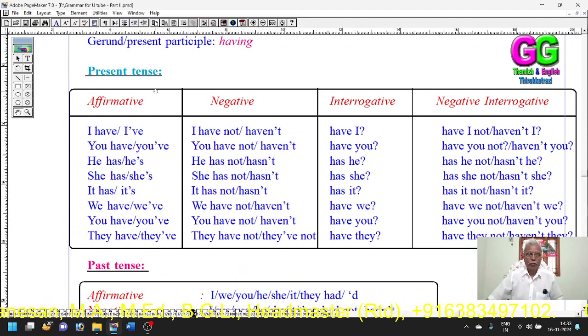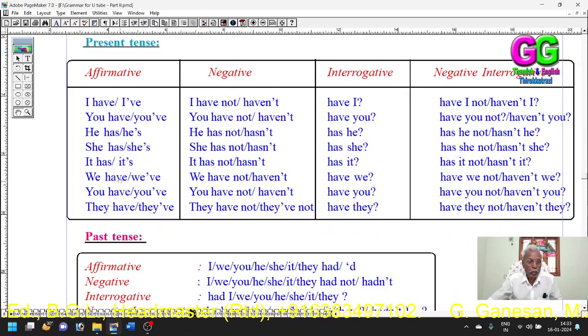Then present tense. As an auxiliary, it is formed in the present tense: affirmative, negative, interrogative, negative interrogative. I have, you have, he has, she has, it has, we have, you have, they have.